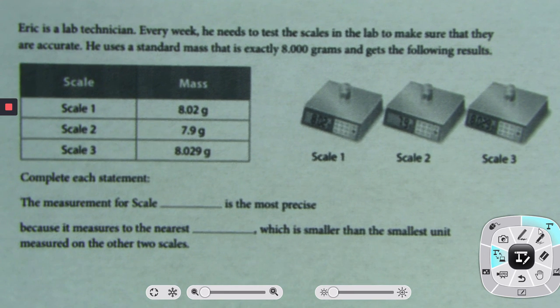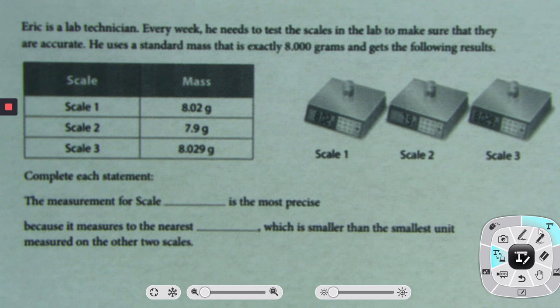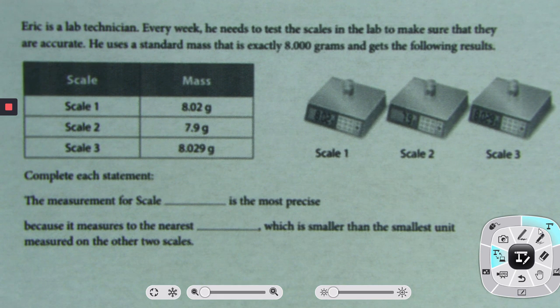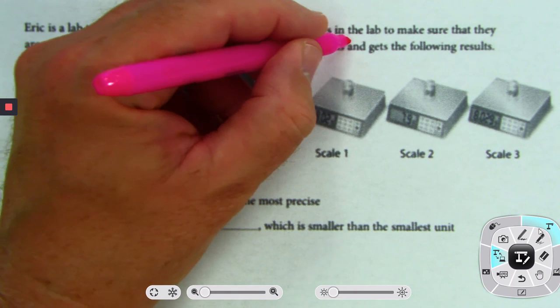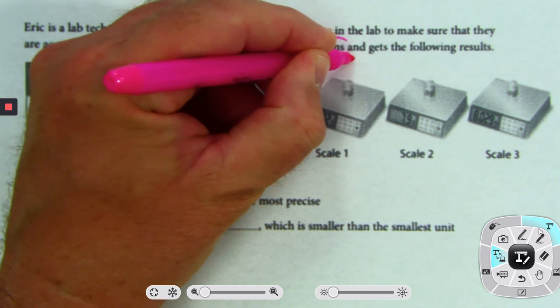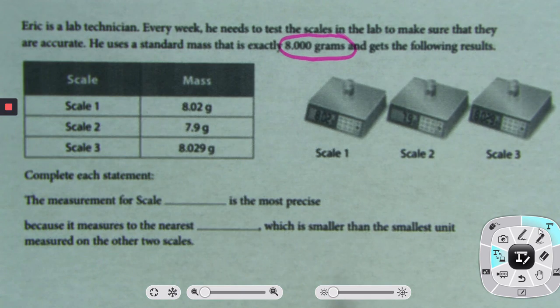Each scale comes up with a little different measurement and a little different precision. Eric, he's a lab technician, and every day he needs to test those scales to make sure that they're accurate. So the way he's going to do it is he's going to take a mass or just a little weight, and he knows that that weight weighs exactly 8.000 grams.